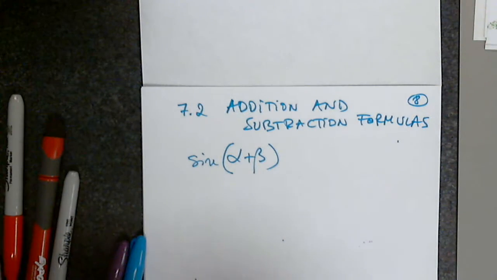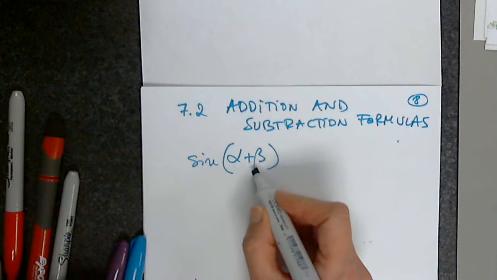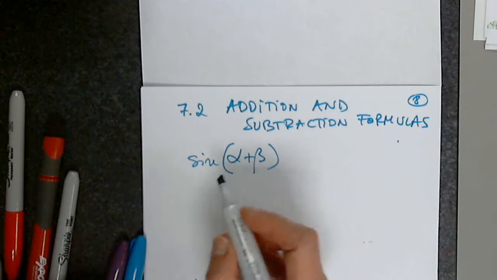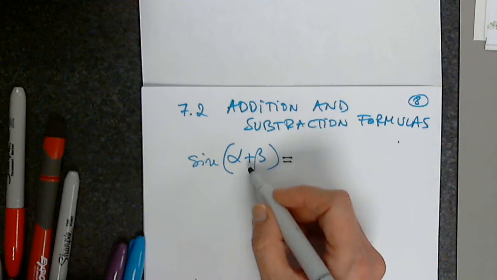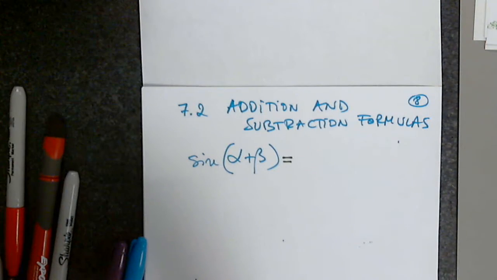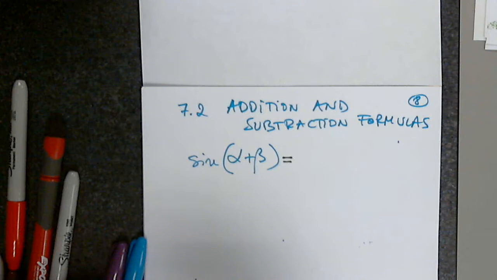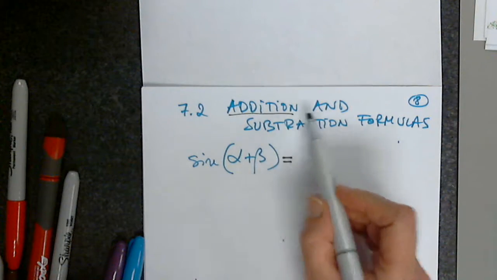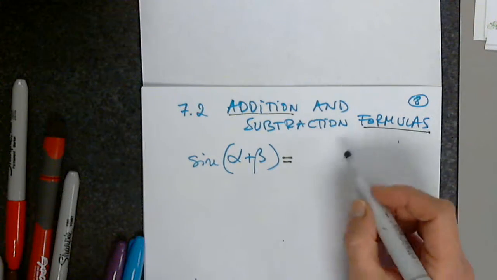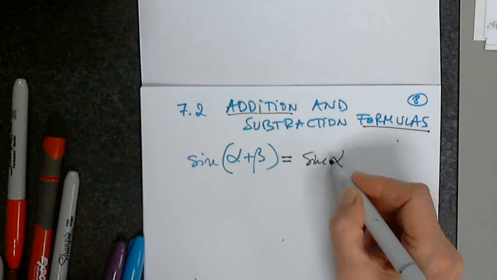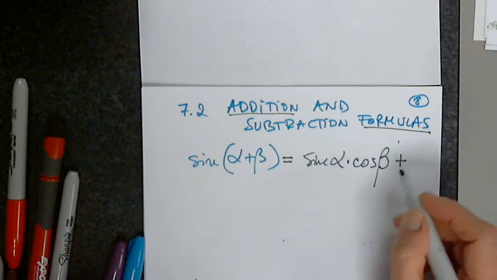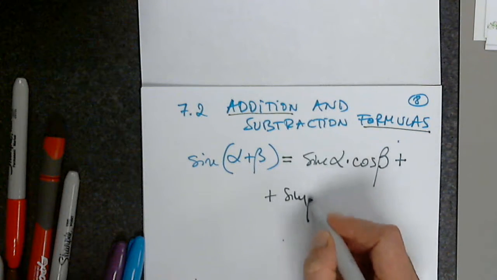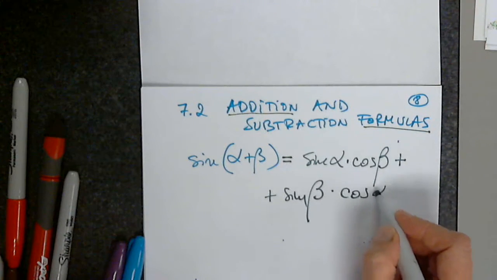So whenever I want to add two angles and I apply sine to it, if I have those angles, I'll add them up and apply sine. But if I don't, there is a formula, the addition formula: sine alpha times cosine beta plus sine beta times cosine alpha.